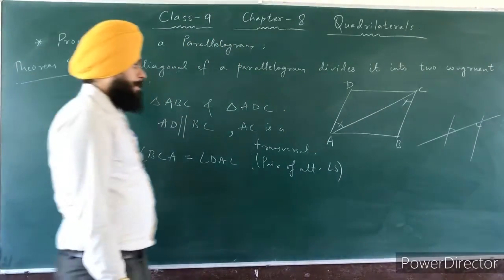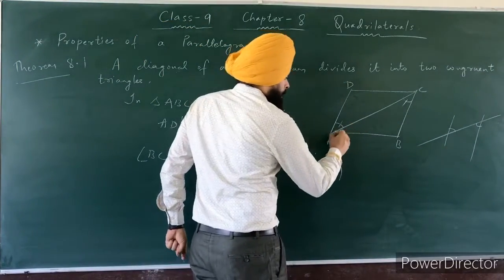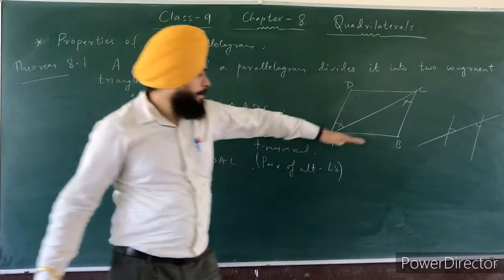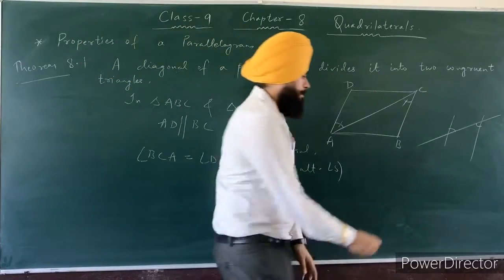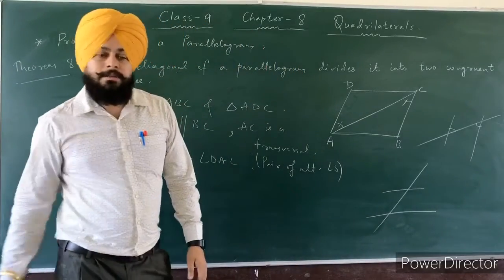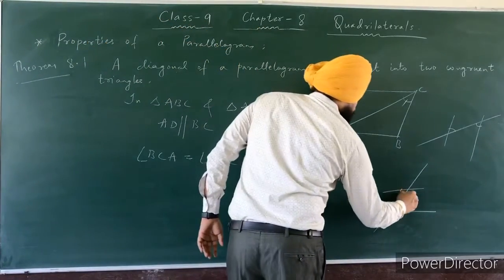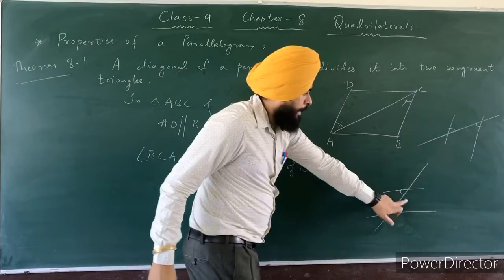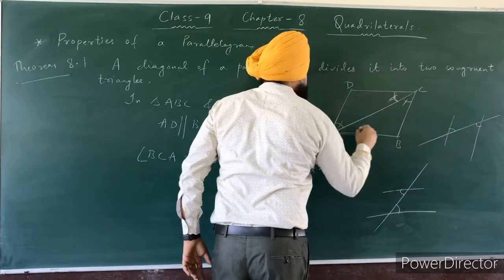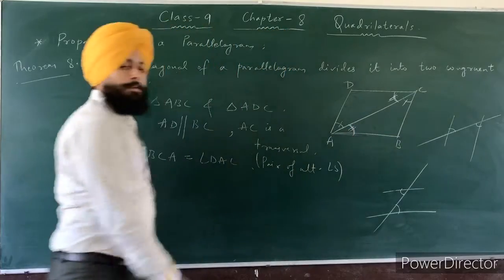The second part is, you can see here, this AB is also parallel to DC, and again this AC is a what? It is a transversal. Now again pair of alternate angles are equal. So this angle is equal to this one. Clear?